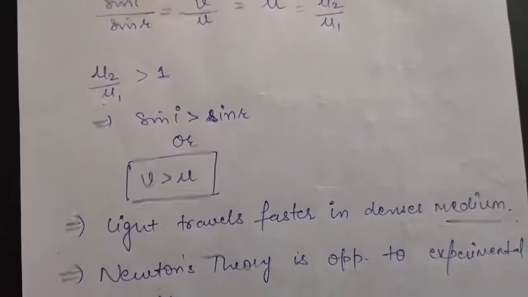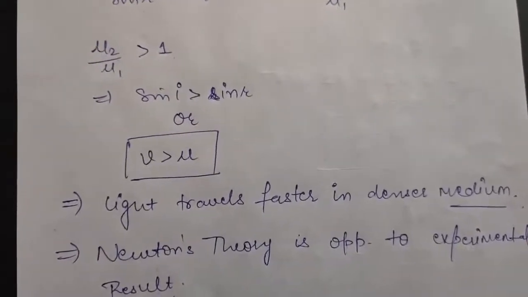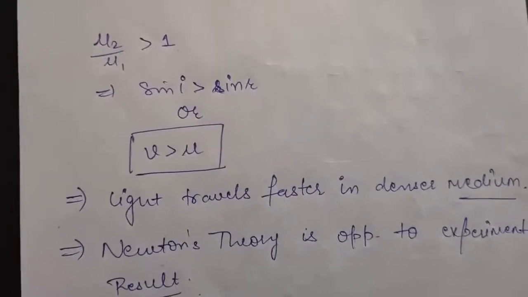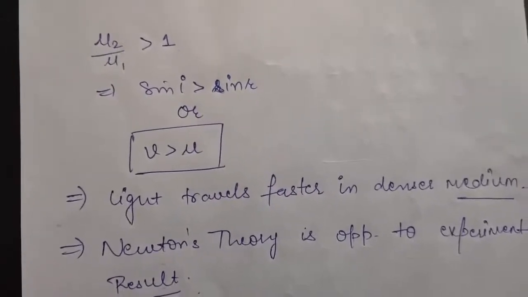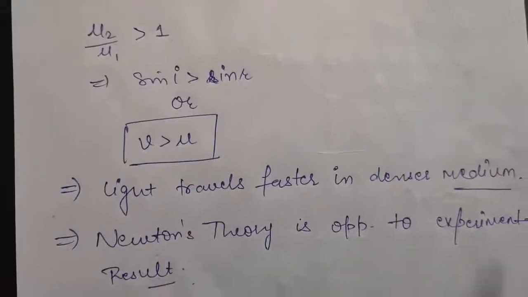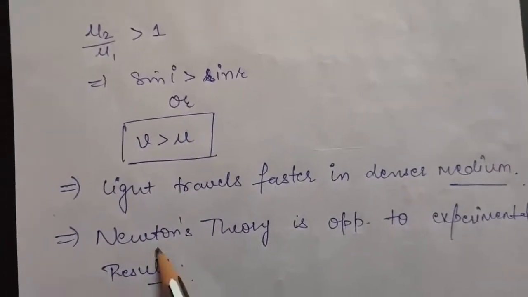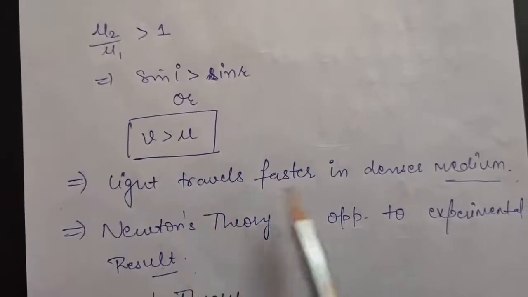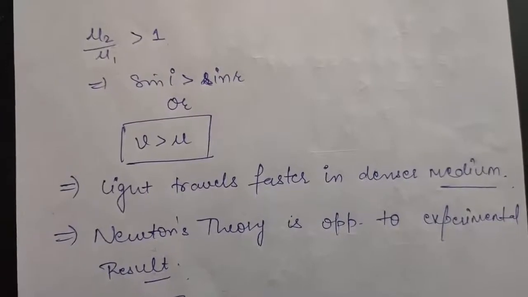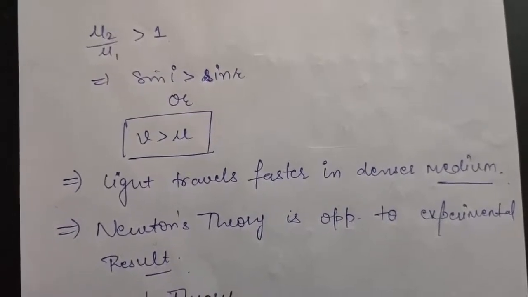But what we see is different, because we have studied that in a denser medium the speed of light becomes lesser. So therefore you can say Newton's theory is opposite to the experimental result, because according to Newton's theory light travels faster in the denser medium, but according to experimental results light travels faster in the rarer medium.